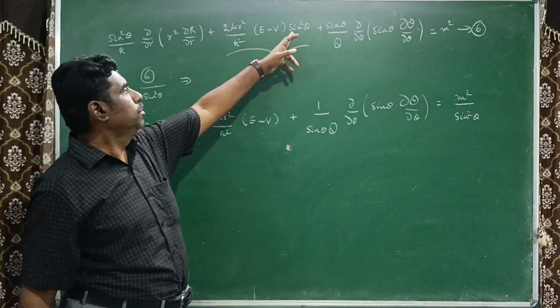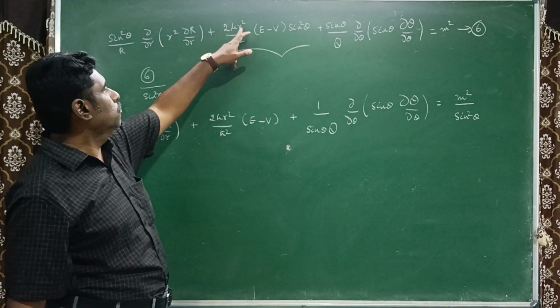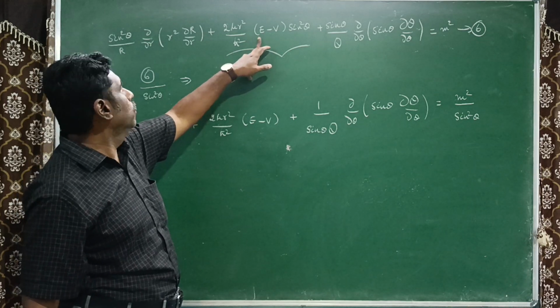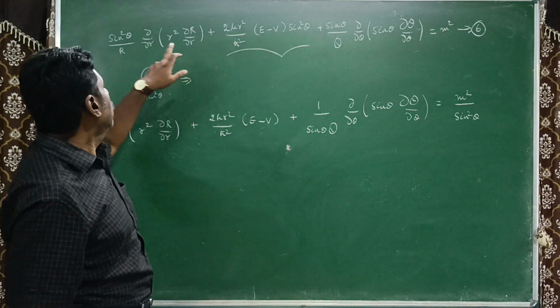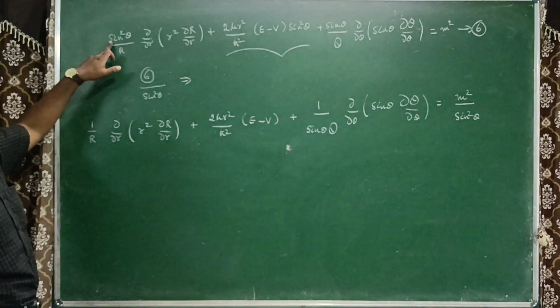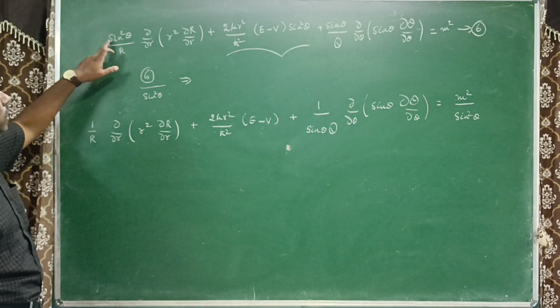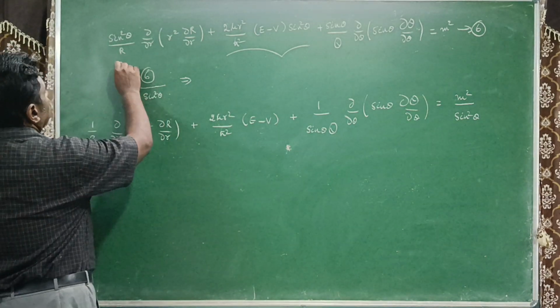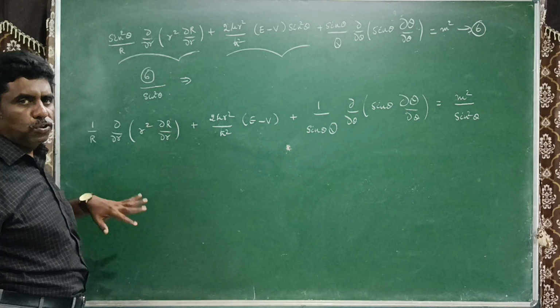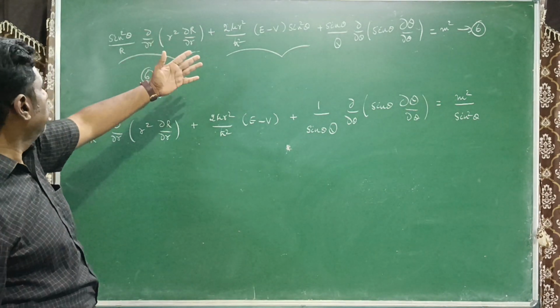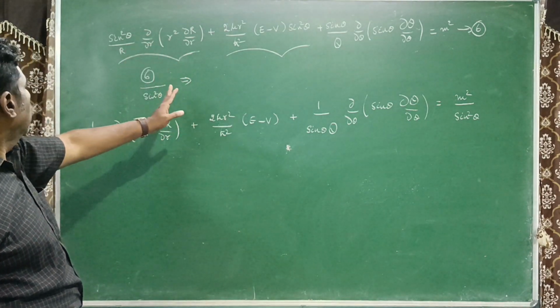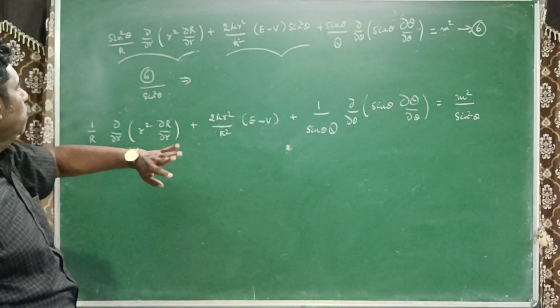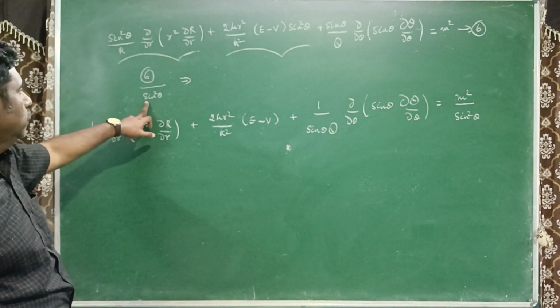See, if you remove sin square theta, we can get 2 mu r square by h cross square into E minus V alone. Here also, the additional term is sin square theta. If you remove this sin square theta, we can get these two terms only in terms of r. So divide equation 6 by sin square theta.